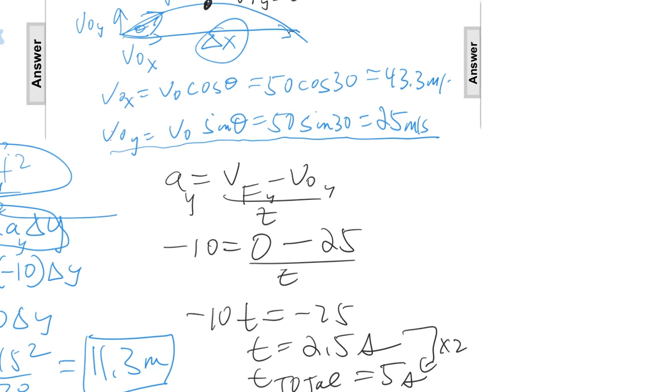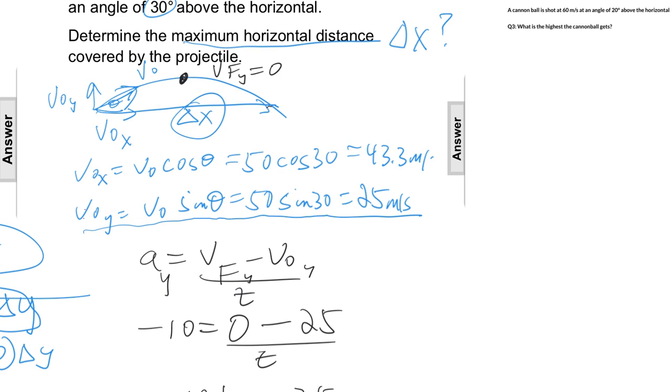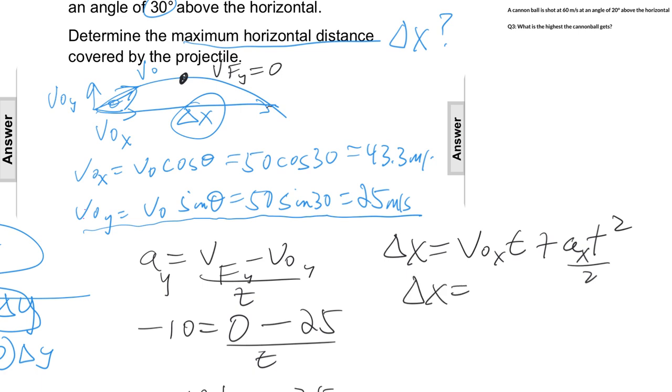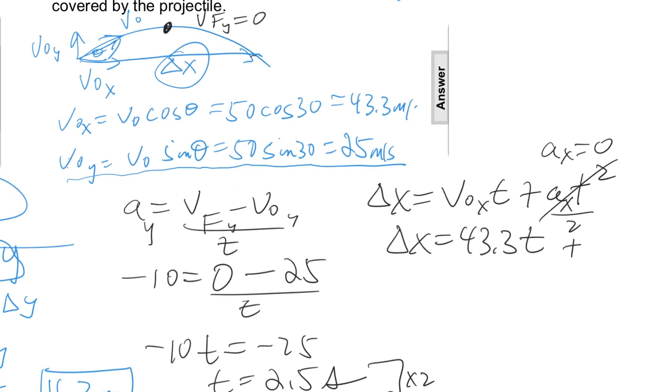Okay, so now we can solve for delta x. Delta x equals VOX, which is 43.3 times the time plus AX. Ooh, AX is 0, right? So it cancels out that whole term.